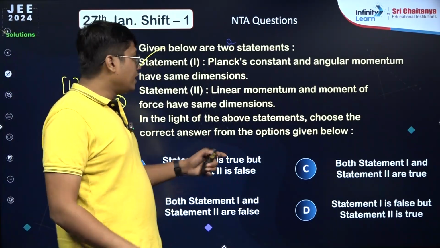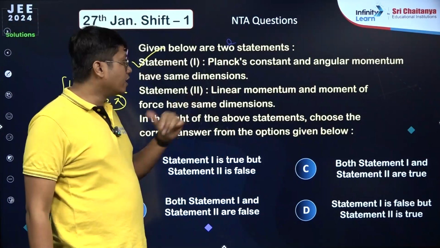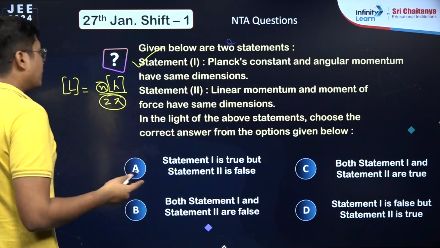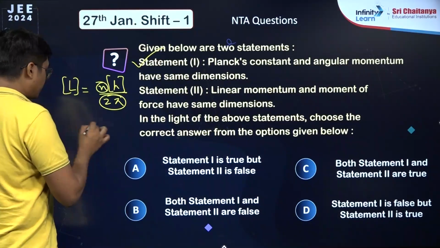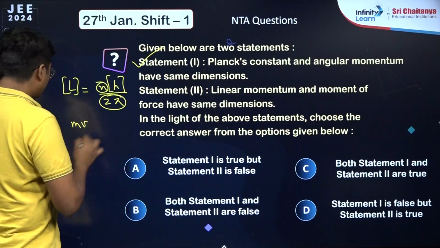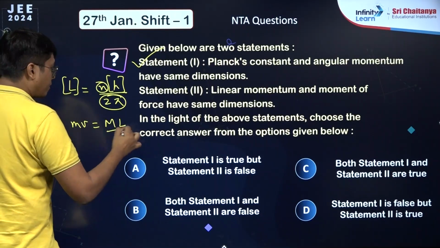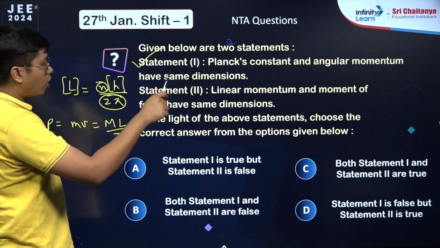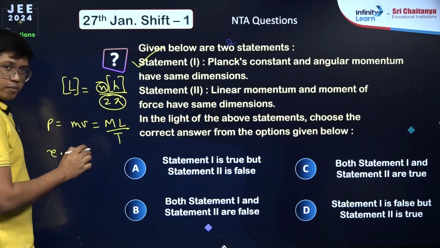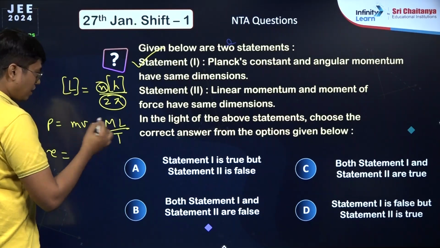Statement 2 says linear momentum and moment of force have the same dimensions. Moment of force means torque. What is linear momentum? Linear momentum is m into v, which can be written as ML by T. Whereas moment of force is tau, which is equal to Newton meter.